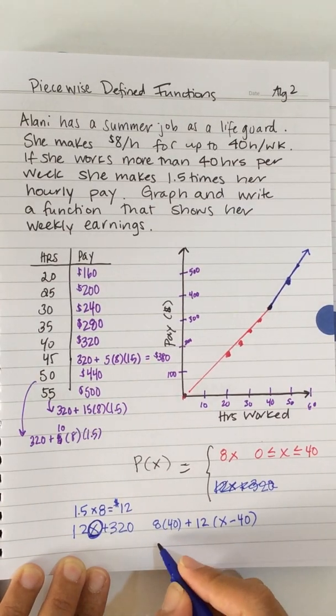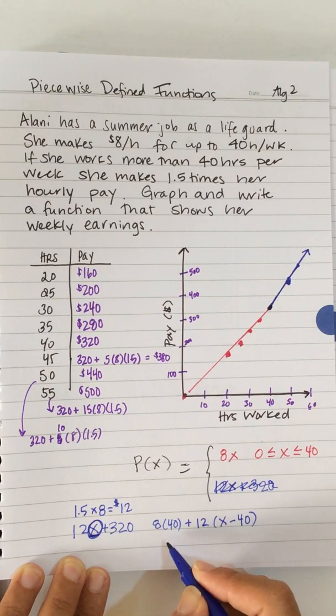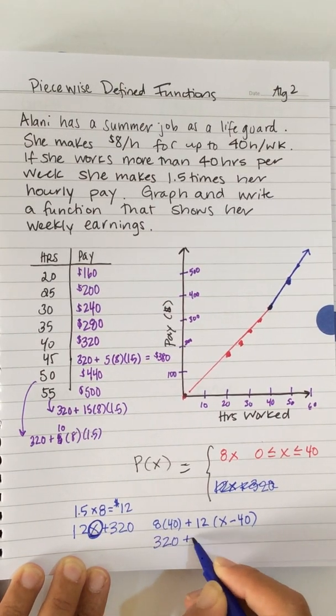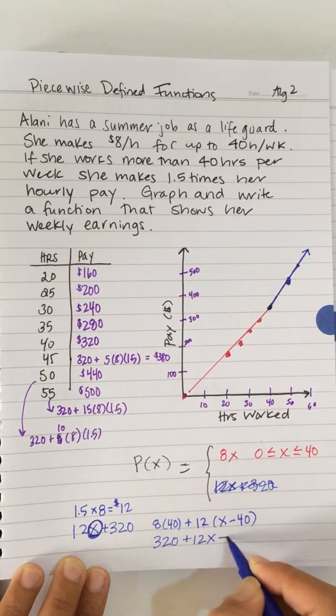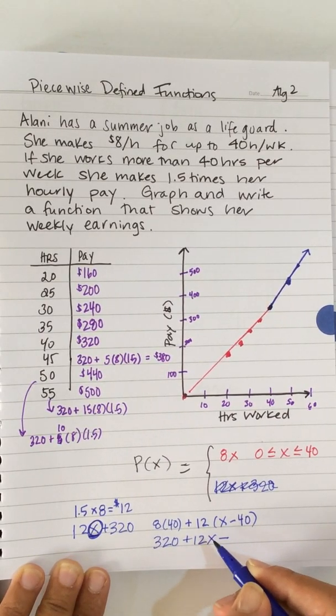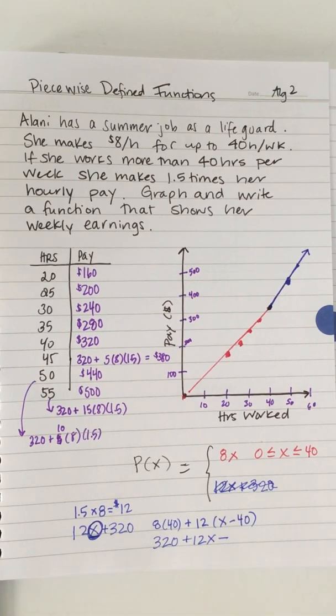So then when I work that out, it ends up being 8 times 40 is 320 plus 12x minus 40 times 12 is 480.